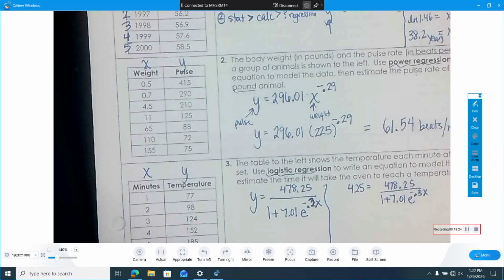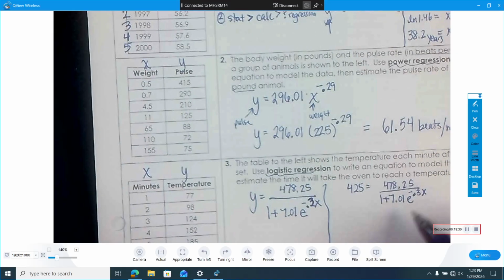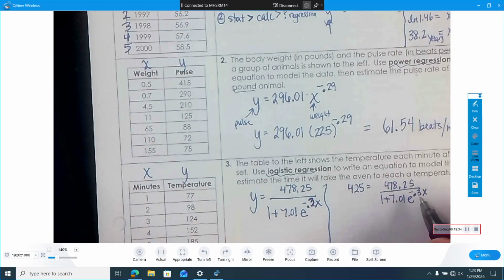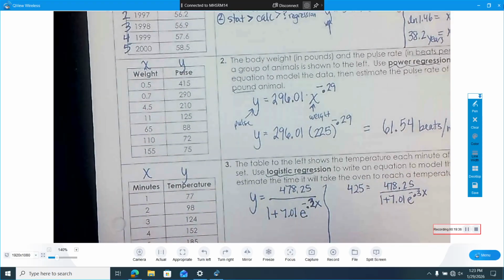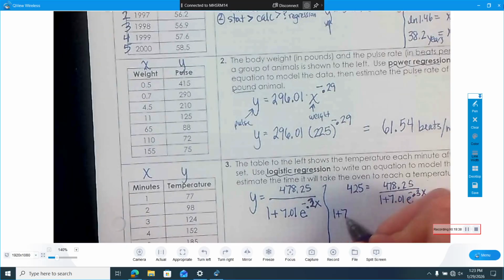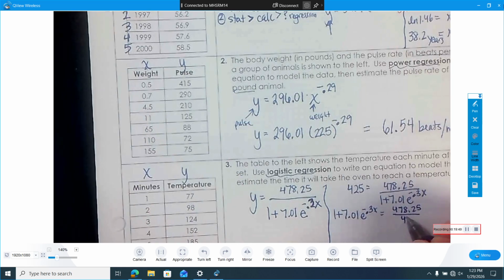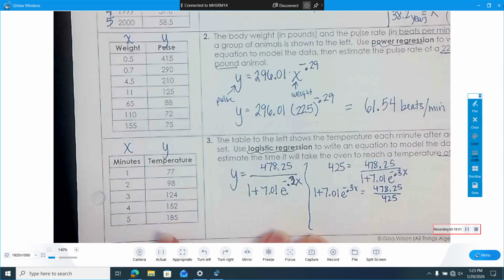All right, what do we have to do? Multiply by the denominator, and then divide the 425, right? Okay, I have to do a little crisscross action here: 1 plus 7.01 e to the negative 0.3x, and then I would divide by the 425 eventually, so 478.25 over 425. Are you okay with that? Yeah.